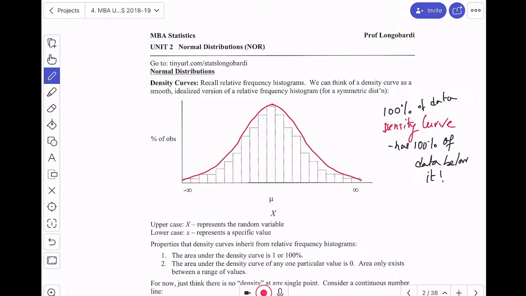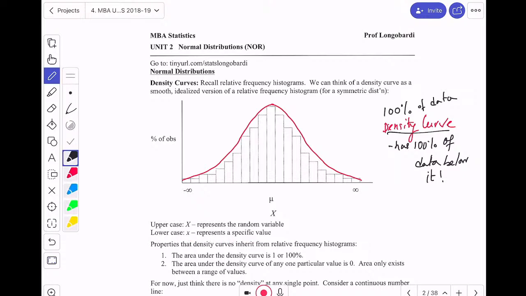All right? Because I'm treating this density curve as though it represents the whole population, I'm going to call the middle mu. Because it's continuous, it's going to run from negative infinity to infinity. And I'm going to name the variable that's plotted on this axis x. So uppercase X represents the random variable, and the lowercase x will represent a specific value.